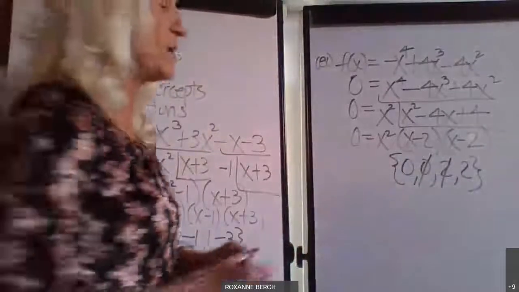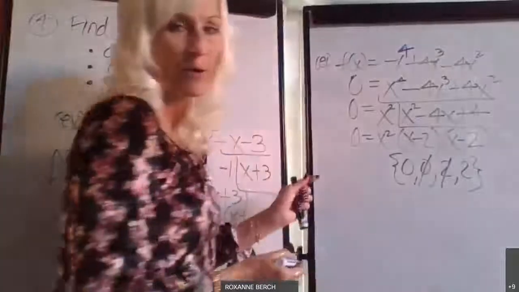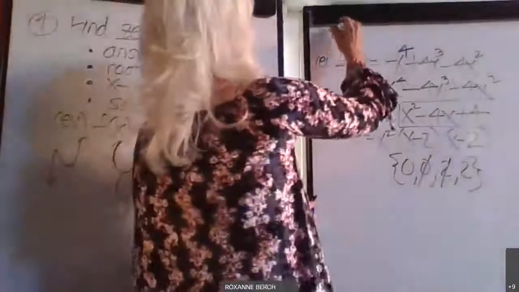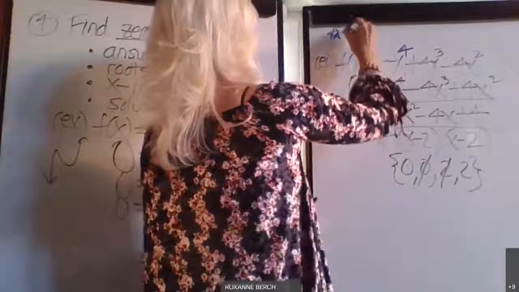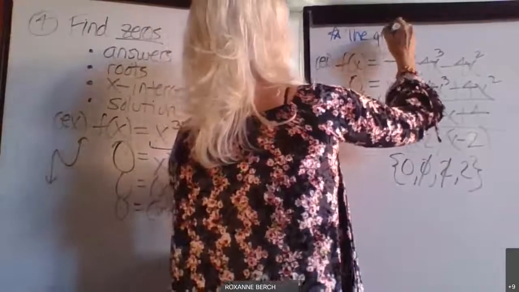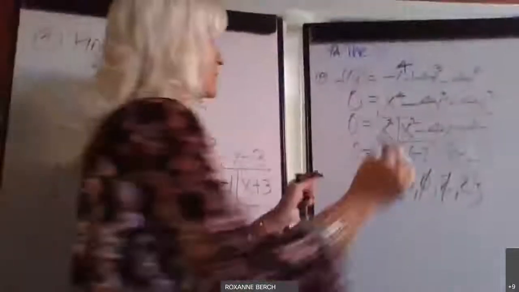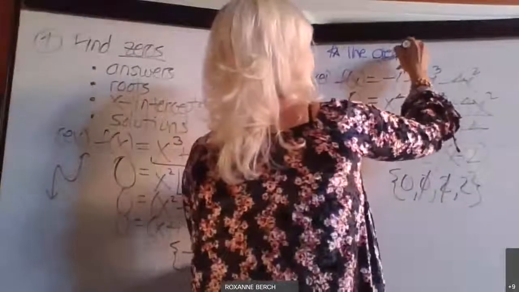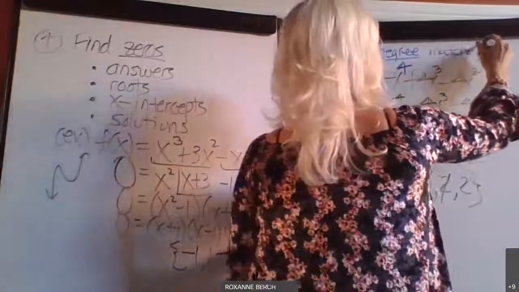And I want you to notice that those 4 solutions match the power. So that's the next thing we're going to write. The power, the degree, matches the number of solutions.